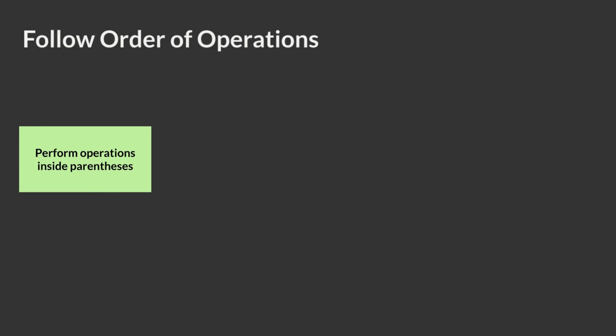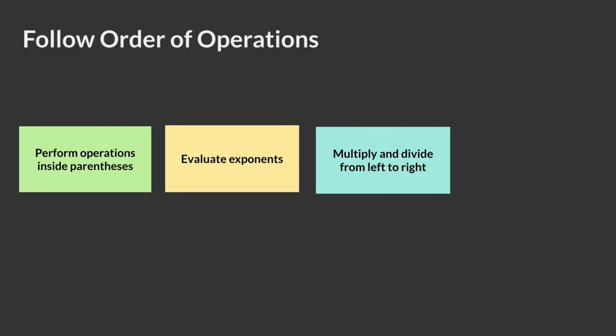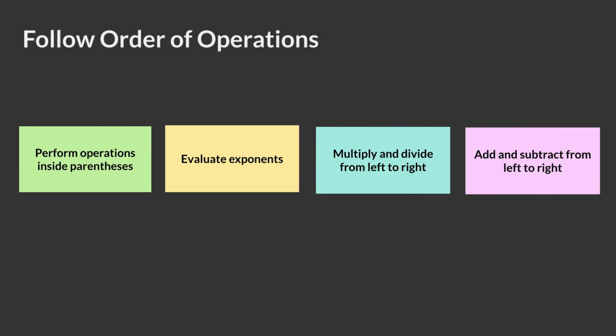First, perform operations inside parentheses. Second step is to evaluate exponents. Third, we need to multiply and divide from left to right, regardless of whether the first thing to do on the leftmost is division. That's fine, as long as you start from left going to the right. And the last step is add and subtract from left to right.